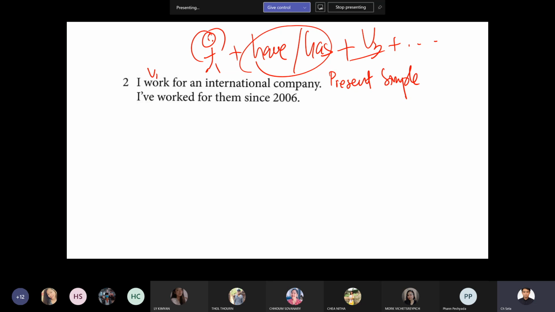Okay, and I have worked for them since 2006. What is it? Present perfect. Yes, present perfect. Okay, now the first one, why is it used with present simple? Because it is a habit or it is like. Is it a habit?